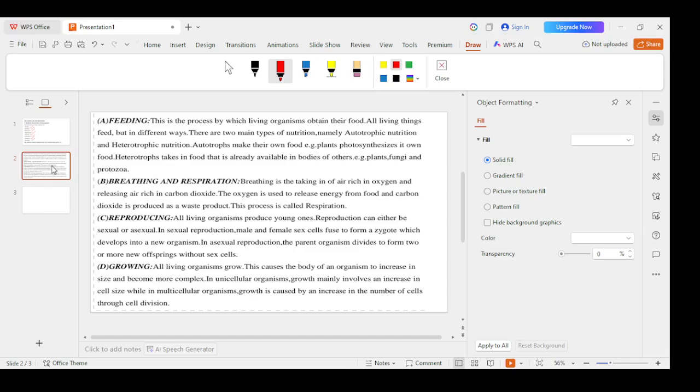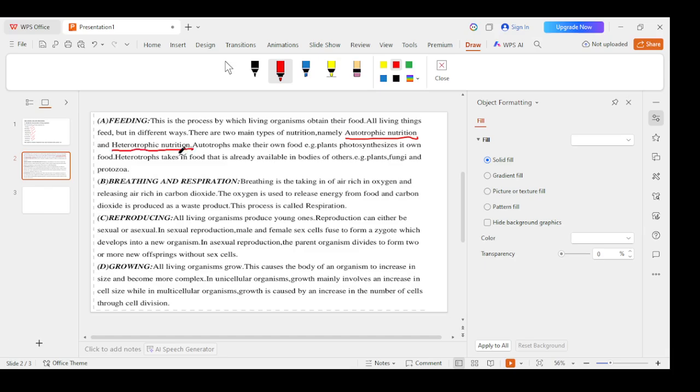Under feeding, we have two main types of nutrition. Namely, autotrophic nutrition, and another type of feeding which we call heterotrophic nutrition.